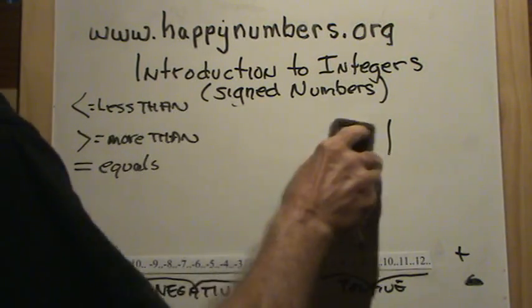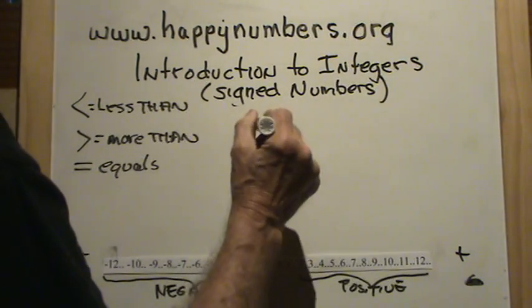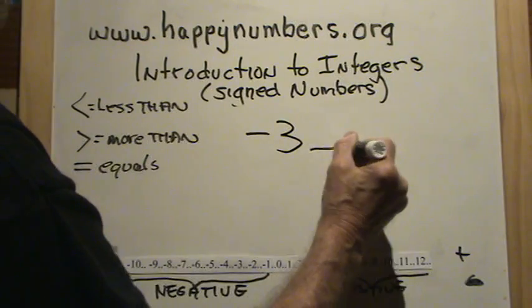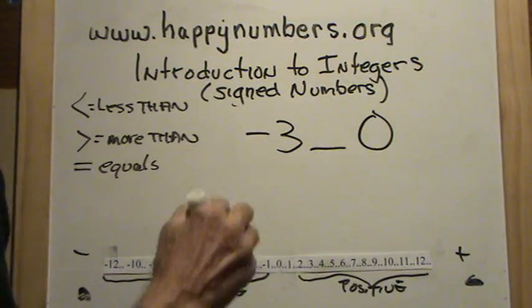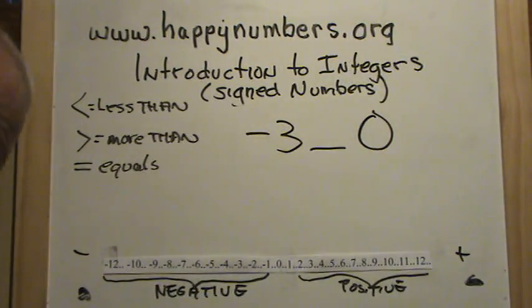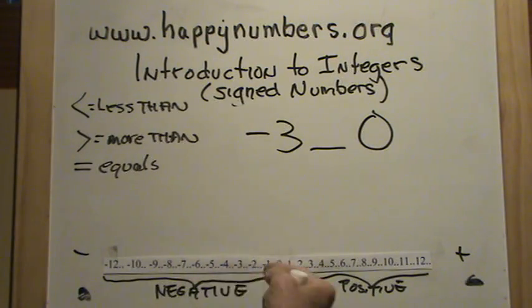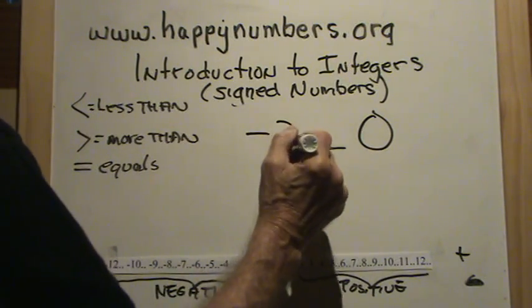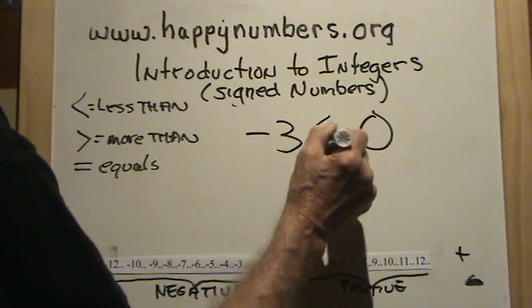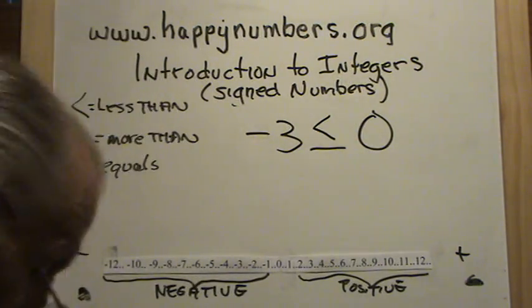Let's try another one. -3 and 0. Obviously -3 is not equal to 0, but is it more than 0 or less than 0? Here's 0, here's -3, and we're moving in this direction. That means things get smaller. So -3 is less than 0.